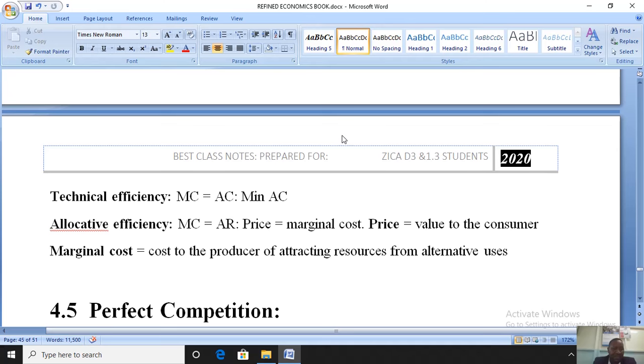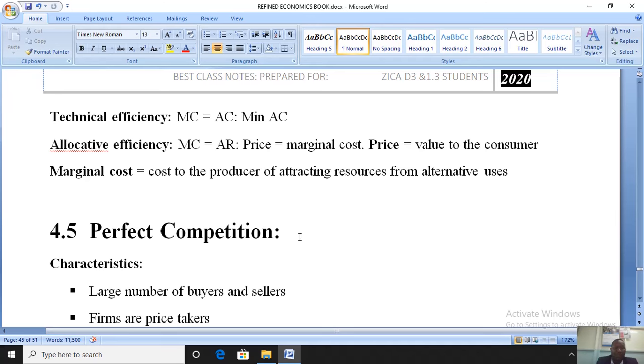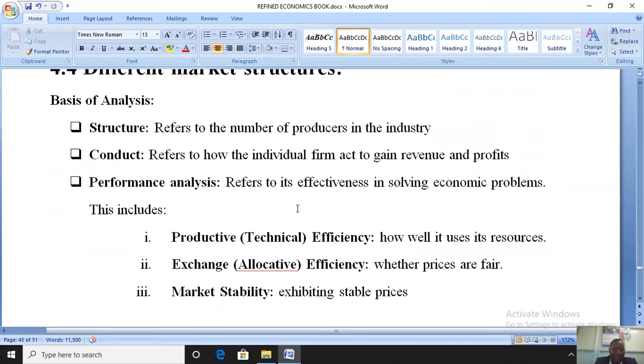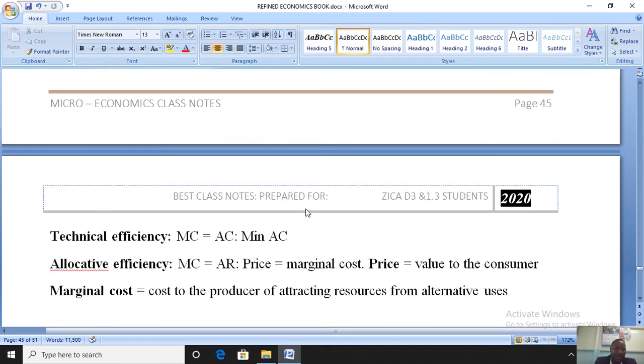Marginal cost is the extra cost incurred by a firm in producing an extra unit of a product. So let's run through the 4 different market structures, looking at the structure itself and considering the conduct of the firms, how individual firms act in gaining revenue and profits, and also looking at the performance analysis.